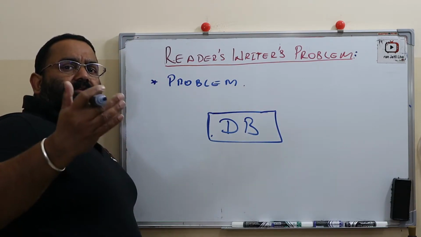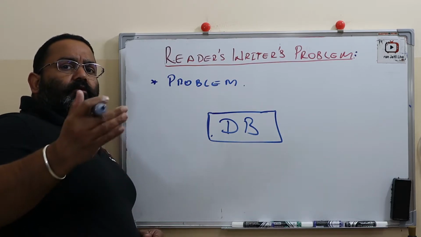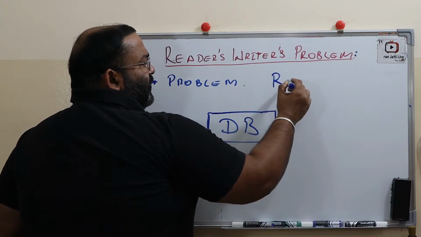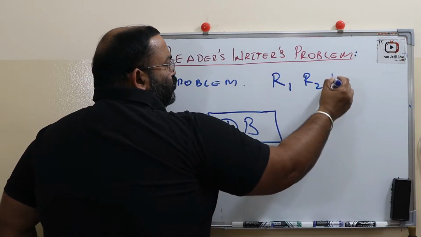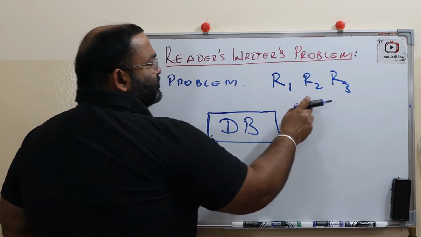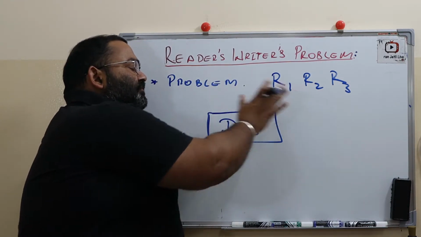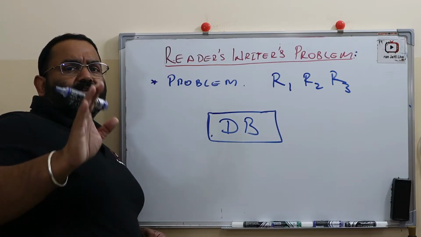It is accessed by multiple threads, and some of them want to read it. I will call them threads R1, R2, R3. These threads want to read the data. Whatever the data is, they just want to access it. They don't want anything else.